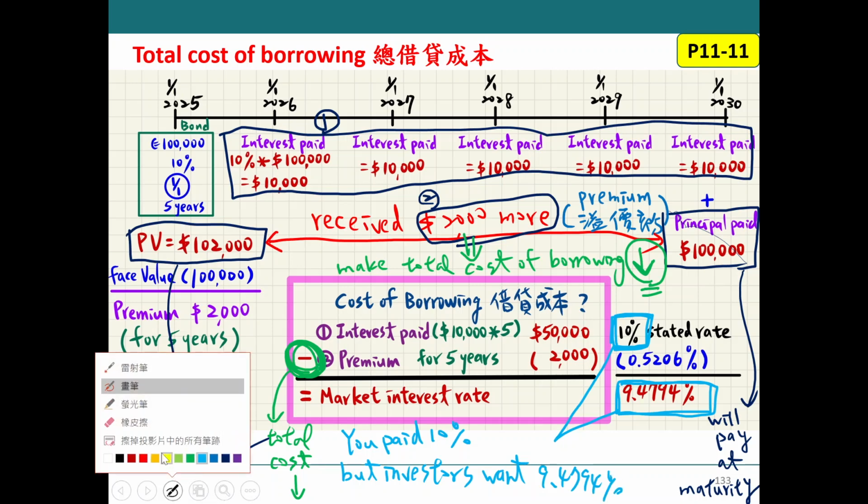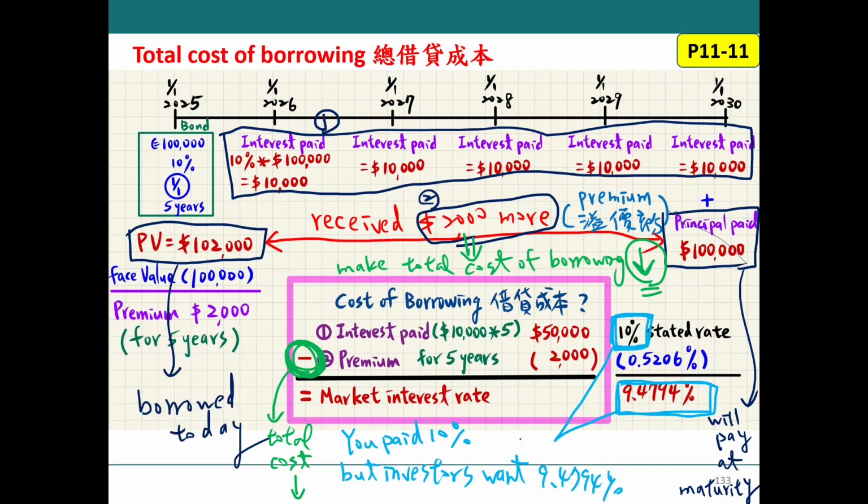So you pay more each period, more than what they want.